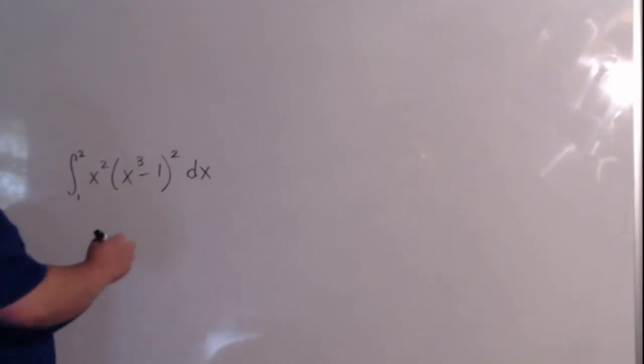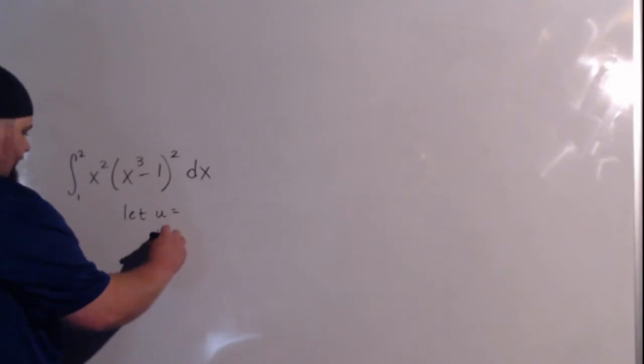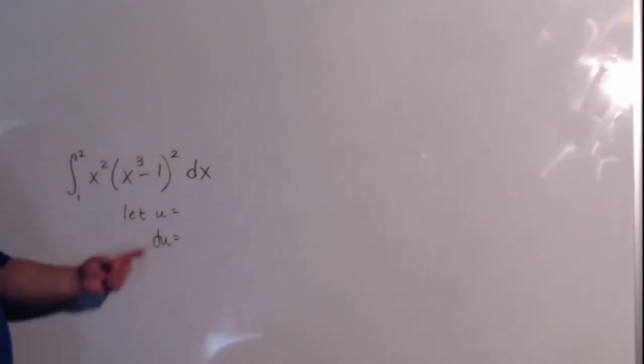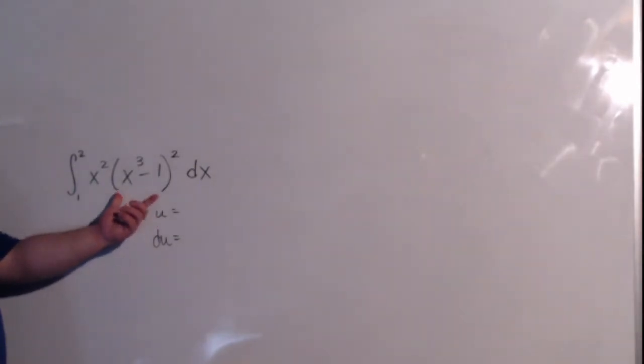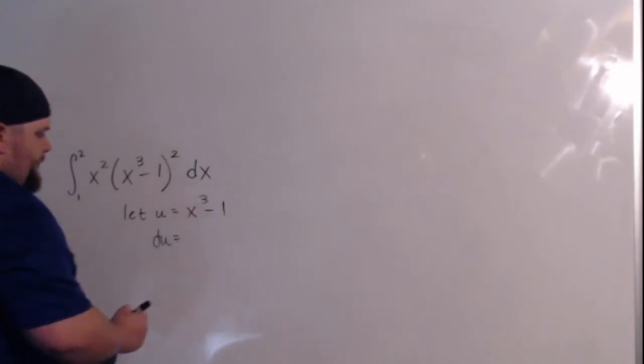Here we go. Same procedure. Let u equal something, solve for du, and it better be in the problem. So again, u is most likely a good option to let whatever's in the parentheses be it. So this would be x cubed minus 1.